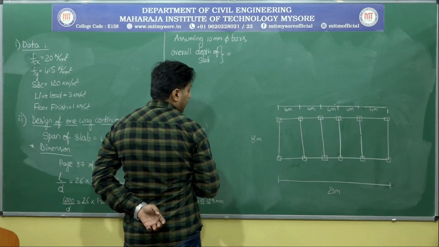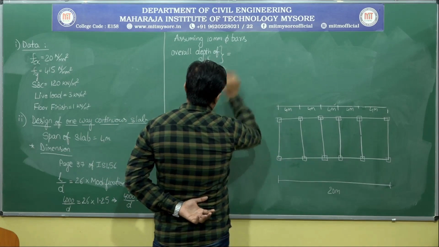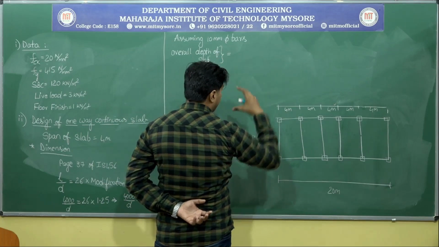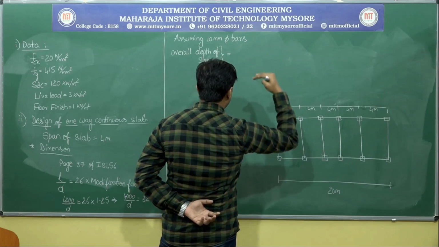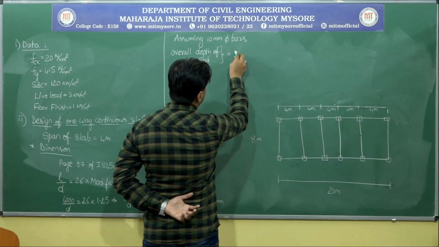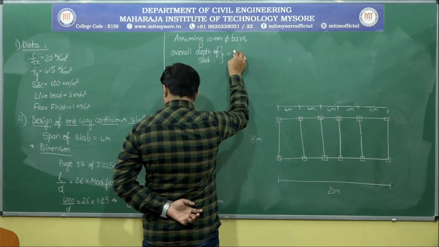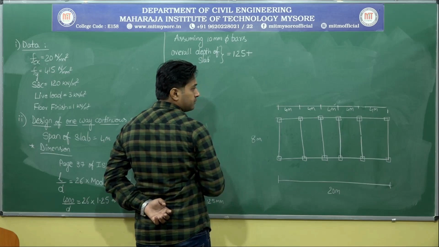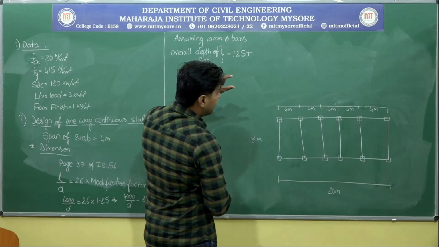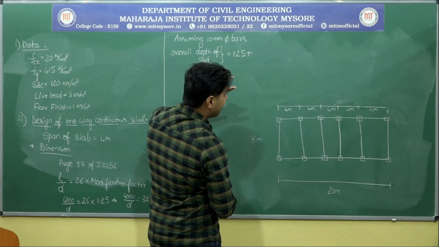Observe here. I know the effective depth. Effective depth means, if I consider the cross section of the slab, from the top of the slab till the center of the reinforcement, that is called the effective depth. What is the effective depth? 125 plus, next, I want to calculate the effective cover. How to calculate the effective cover?